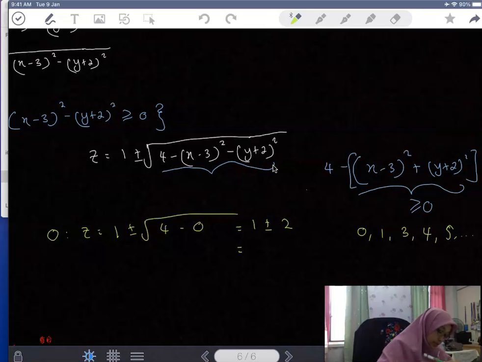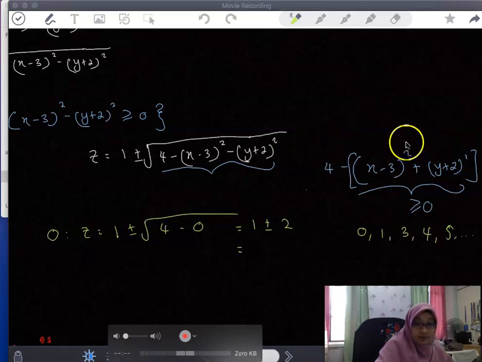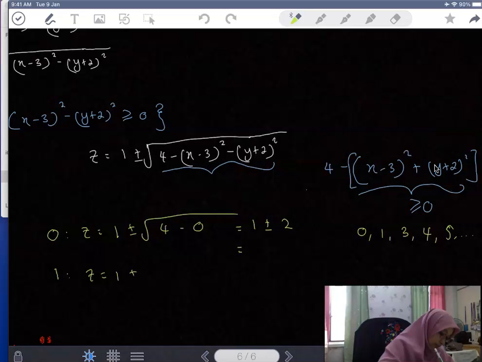We just look at the final value later. When the value in the bracket is 1, z is 1 plus minus square root of 4 minus 1, so we have 1 plus minus square root 3.